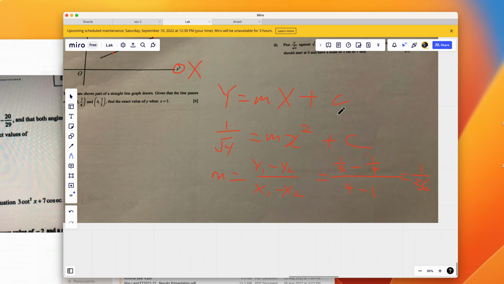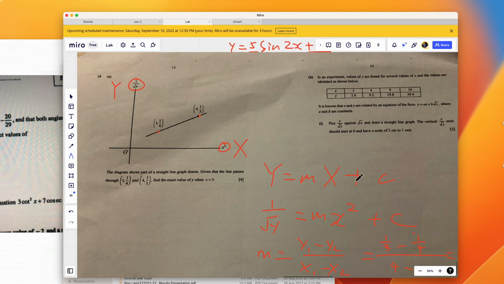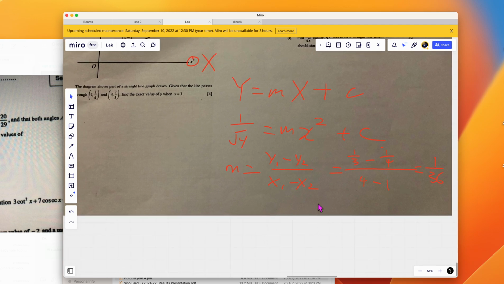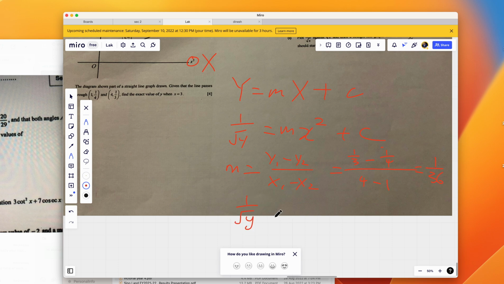So what's the C? I think you need to sub in. Hold on, we need to get the C out first. So sub in: 1 over square root y is equal to 1 over 36 x squared plus c, right?